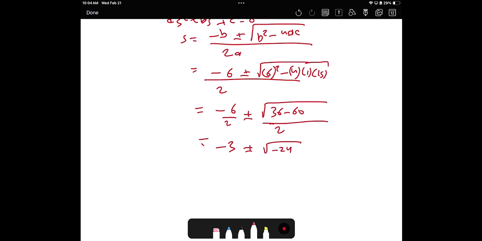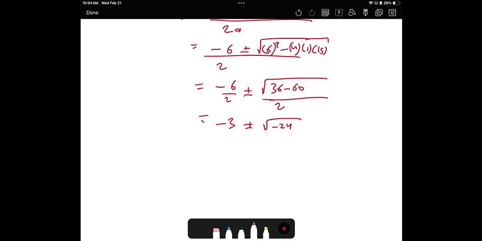So we have a square root of a negative number. This means the number will be a complex number. So it can be negative 3 plus or minus the square root of negative 1 times the square root of 24.